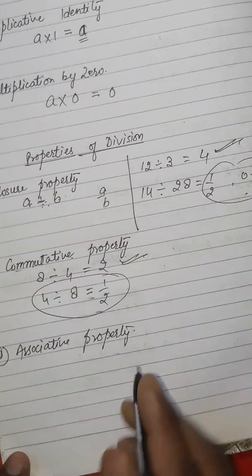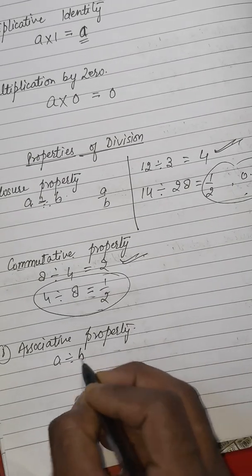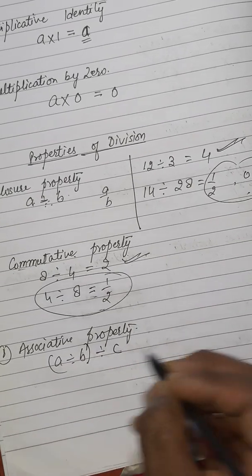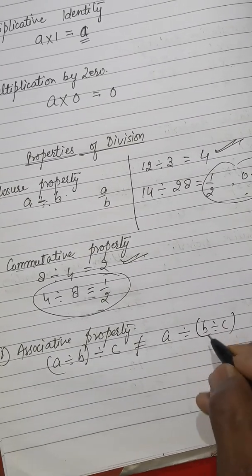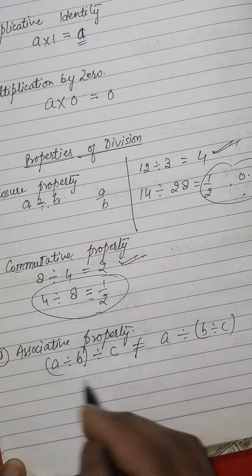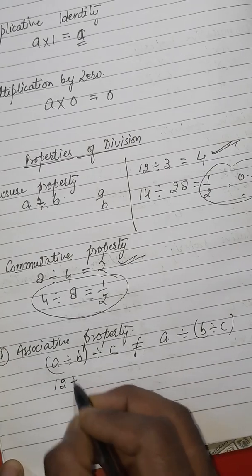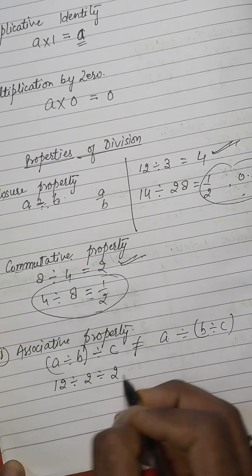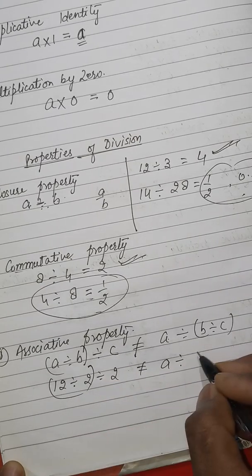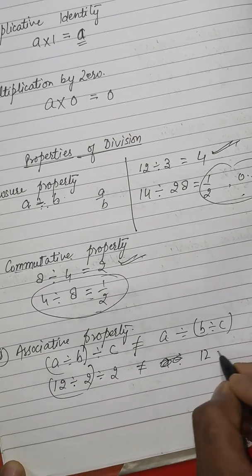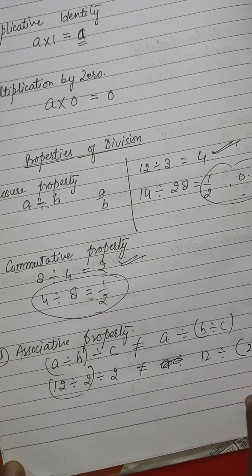Then the associative property, in which if we divide a by b and then divide by c, it will not be equal to dividing b by c and then dividing a by the result. By taking an example, if 12, 2 and 3 are the three whole numbers, it will not be equal after rearrangement.